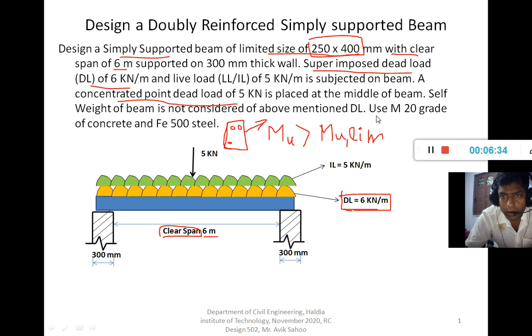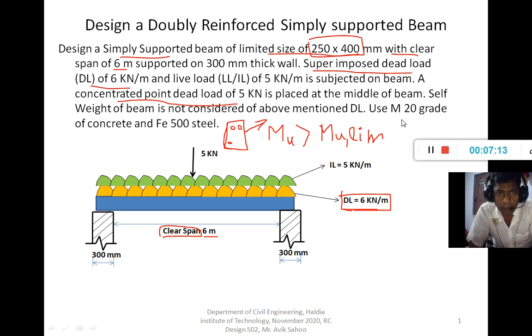And another thing is the grade of concrete is M20 and Fe 500 steel. If in a problem the grade of concrete and grade of steel are not given, then you have to assume them. You know that for RC construction the minimum grade of concrete is M20, so you may use a higher grade like M25 or M30, but minimum you have to consider M20 as per code.